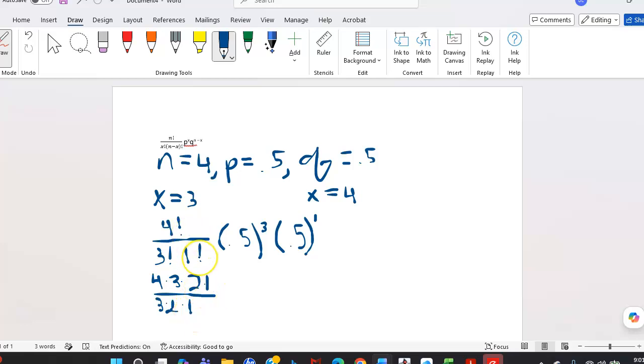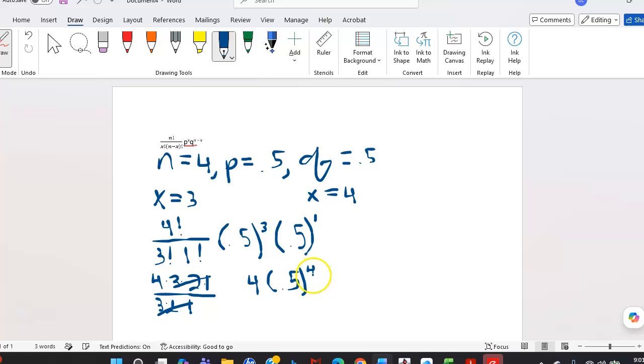All right, and then 1 factorial is just 1, so I don't really need to write it again. But notice that what happens is 3 times 2 times 1 will cancel out, and this will end up being a 4. So I'm just going to sort of put it over here. We'll have 4 times really 0.5 to the 4th, because there's actually 4 0.5s there.